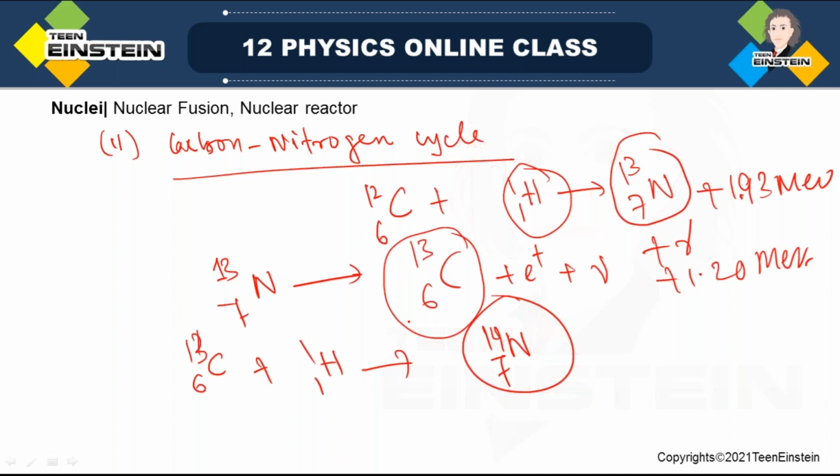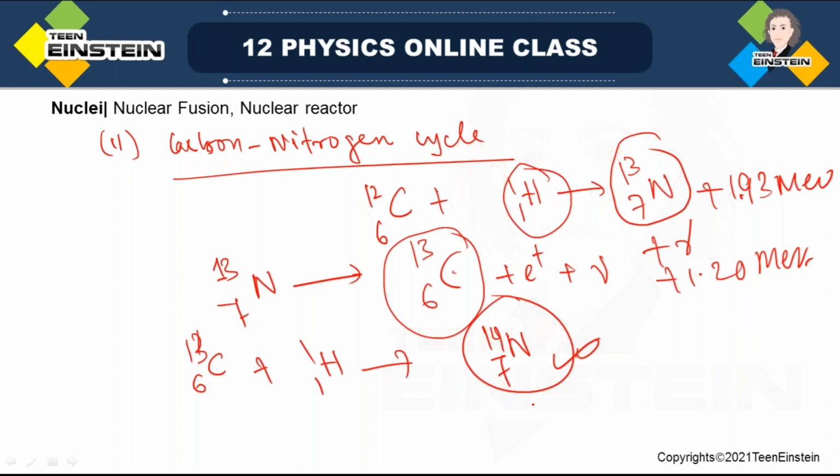So in the carbon nitrogen cycle, carbon gets converted to nitrogen, nitrogen gets converted to carbon 13, C13, and that carbon C13, upon absorbing a proton, will be converted into nitrogen 14, N 7 14, which is actually stable.